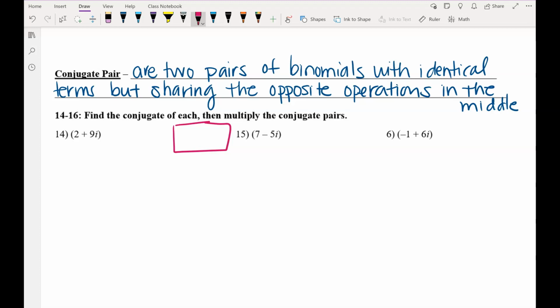Talk to your team, Jasmine, if you need help. Not 2 and 9. Remember, it has to be a binomial. And by definition, Jasmine, conjugate pairs are two binomials. Everything should be exactly the same, team, except what?